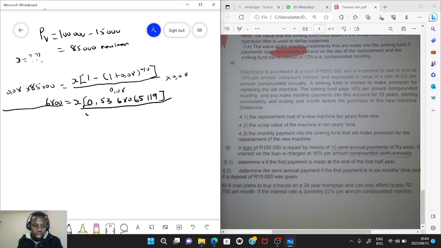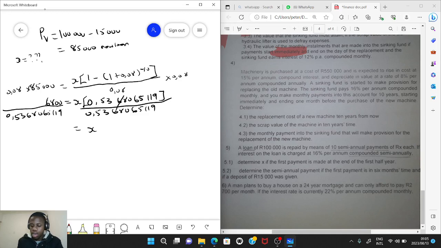We have 0.536,806,519, right? And then the same thing we do on the other side, 0.536,806,519, right? Now let's see. In this case, the 2 will cancel out, be left with x.